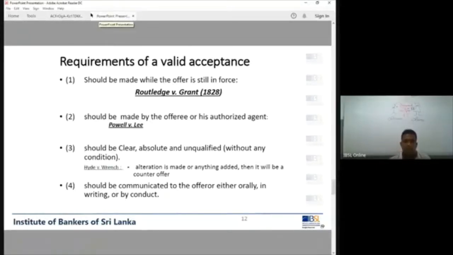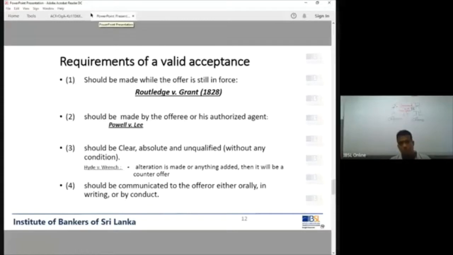There is a case that I have mentioned here. You don't have to remember all the cases, but if you can remember the cases, that is good, because then you can earn extra marks. When you write case laws, you get extra marks for those.